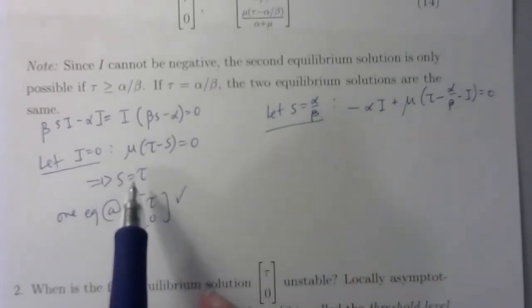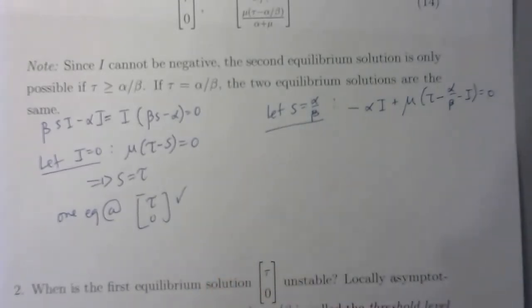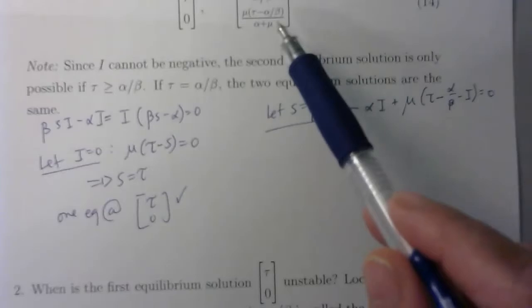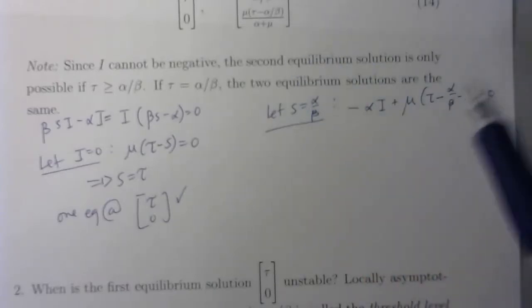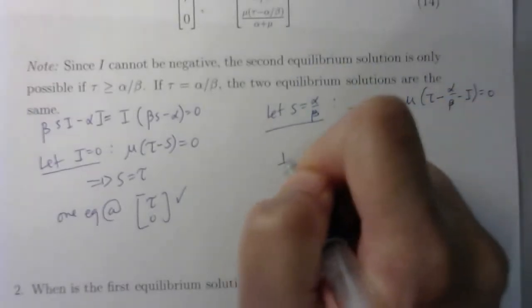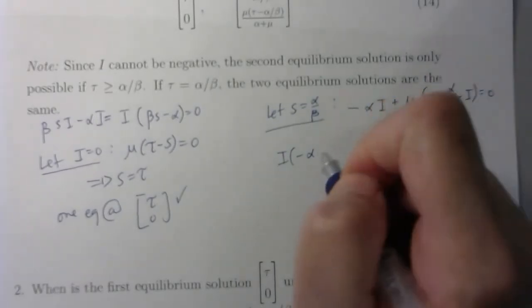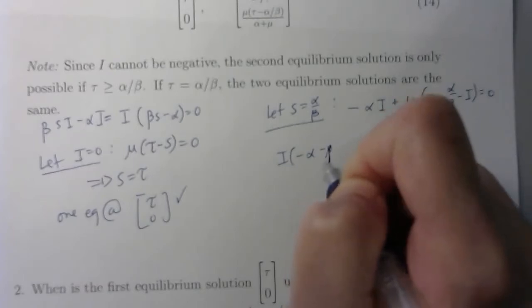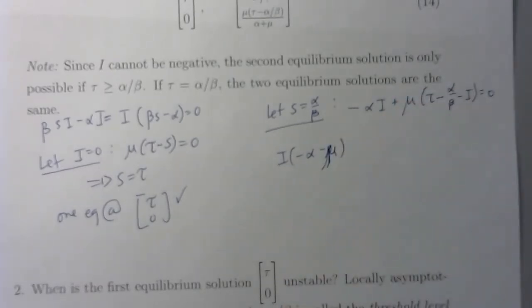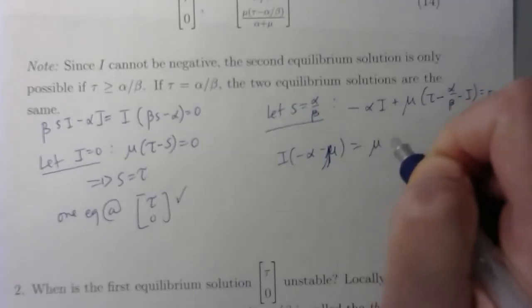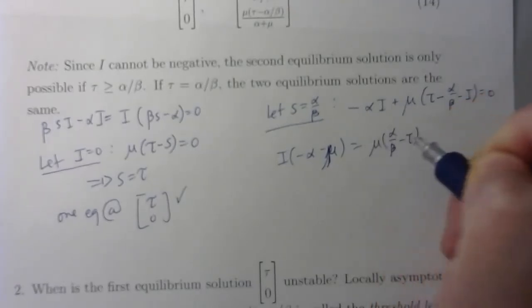Okay, so that was the first equation. Now here's the second equation. So we can solve this for I, and we get this solution. Is that clear? So I have minus alpha I minus mu I on this side, and the other side is equal to mu times (alpha over beta minus tau).